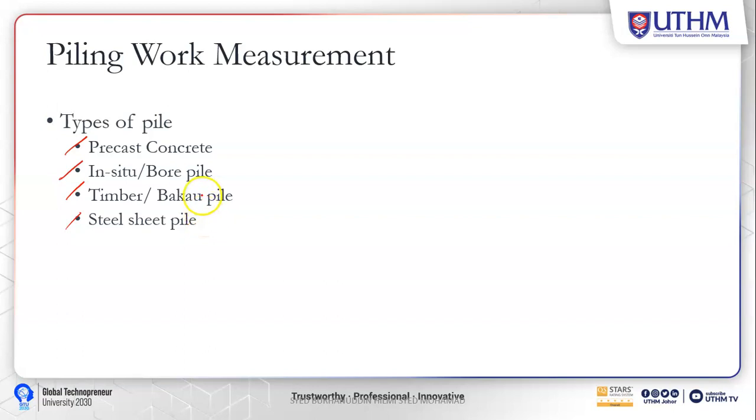They will look into the soil or site investigation report before they can determine the actual type of pile needed for the related construction.